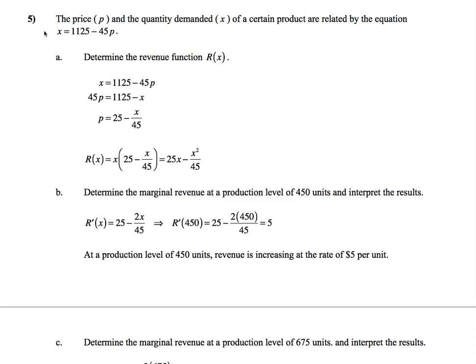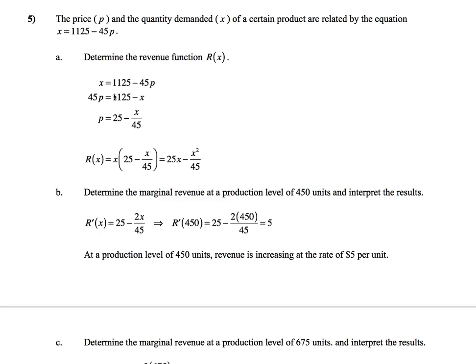Well, the price-demand equation is given as a quantity as a function of price, but what we want is to isolate price so that we can then multiply quantity times price to get revenue, because that's what revenue is.